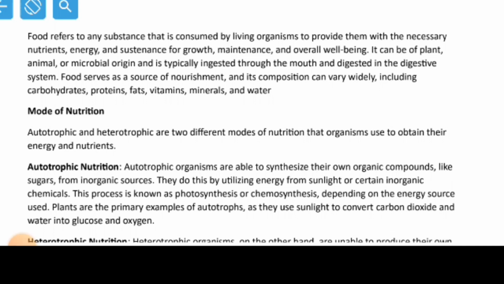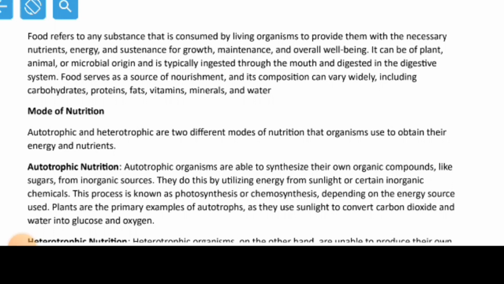So there are different components of food. Whenever we are eating, we get carbohydrates, proteins, fats, vitamins, minerals and water. All this together constitutes the food.